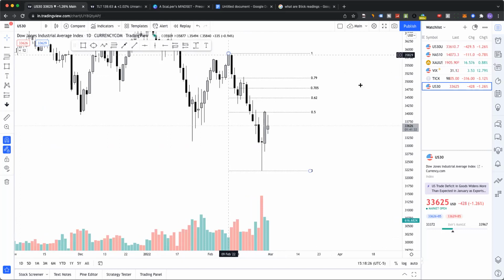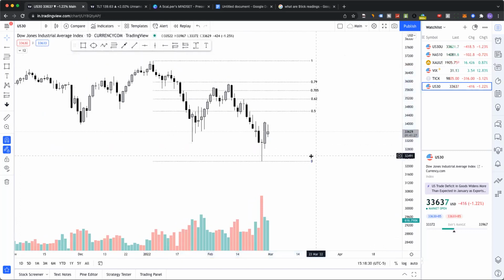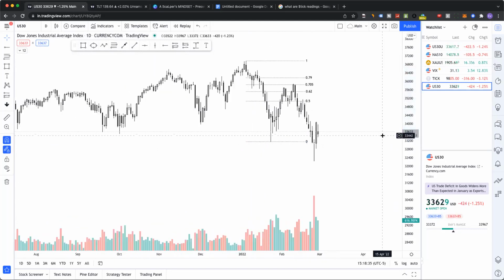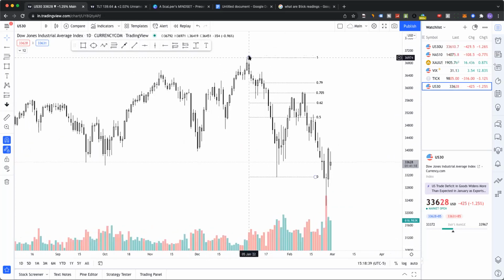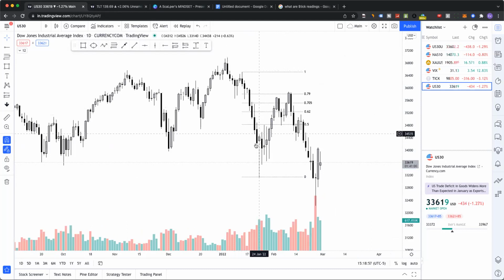You can see here from this range to this range, okay, sorry, from this swing point, not that swing point. From this swing point here, okay, we had this retracement.